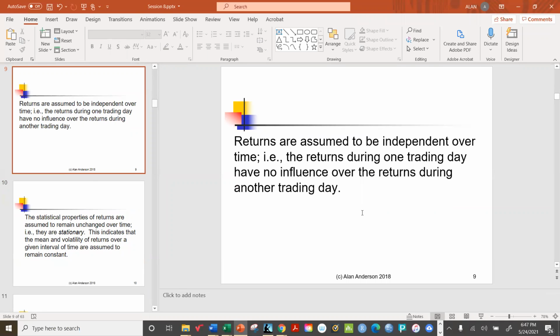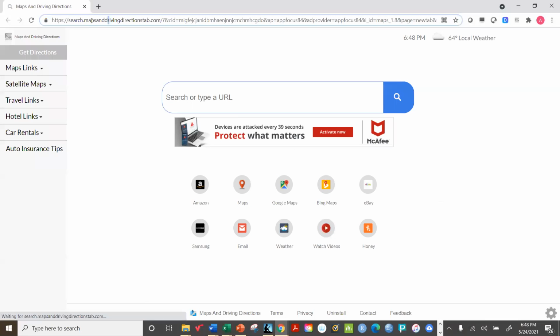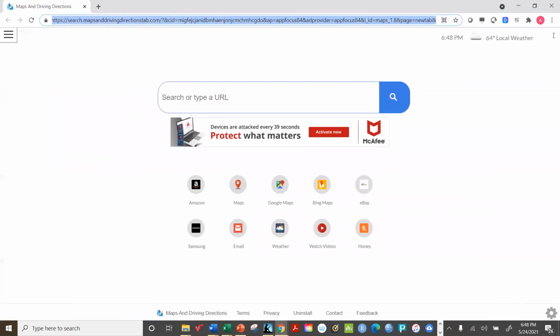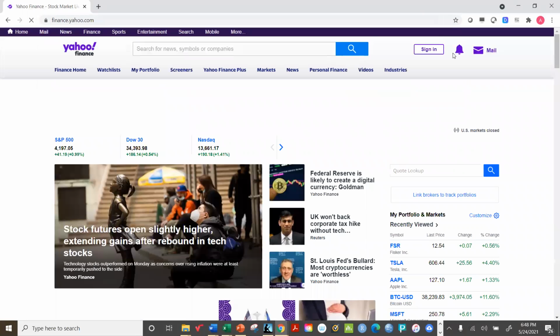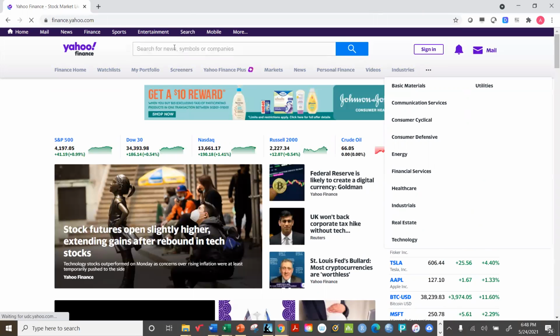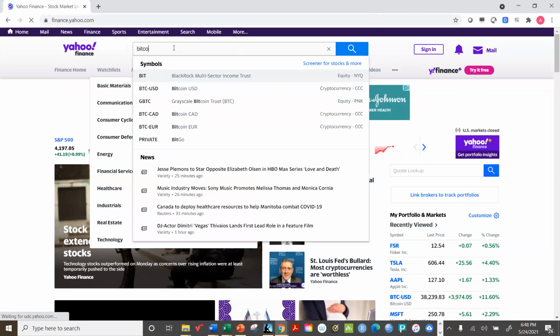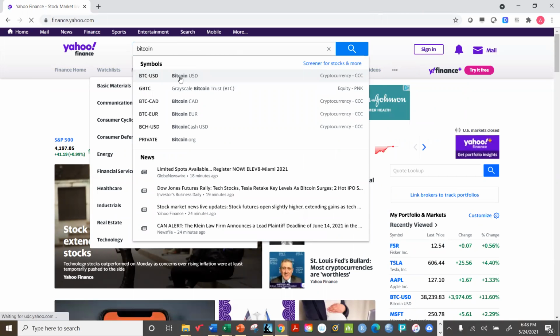Sometimes a stock goes through streaks where it has a lot of good days in a row, and sometimes it has bad days in a row. Like right now, Bitcoin is getting clobbered. And so the returns to Bitcoin are clearly not independent from one day to the next. In fact, why don't we take a peek at that for a second? I don't really follow Bitcoin, but all of a sudden, completely out of left field, it's crashing to the floor.